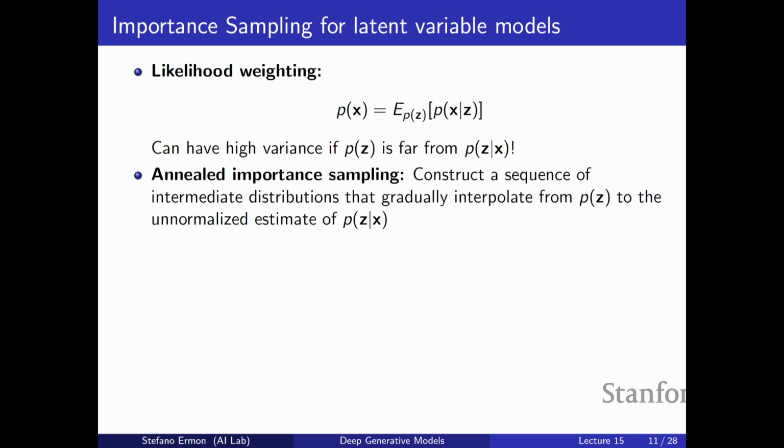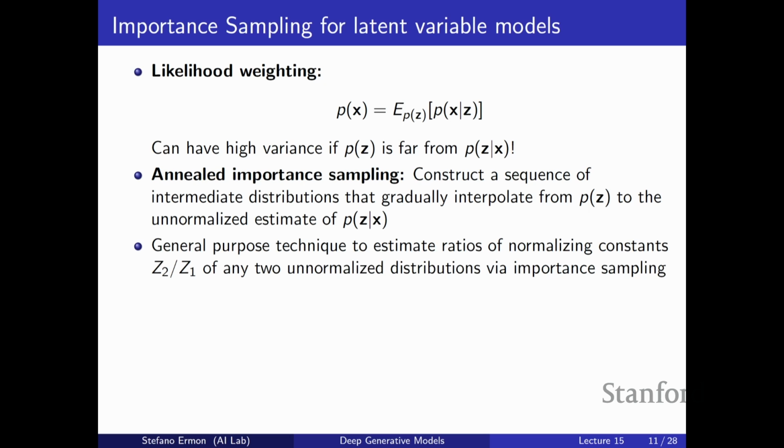There is something called annealed importance sampling, which is a procedure to do importance sampling by constructing a sequence of distributions to draw these z variables, interpolating between the bad, naive choice of just sampling from the prior p of z and the optimal thing that you would like to do, which is to sample from the posterior.